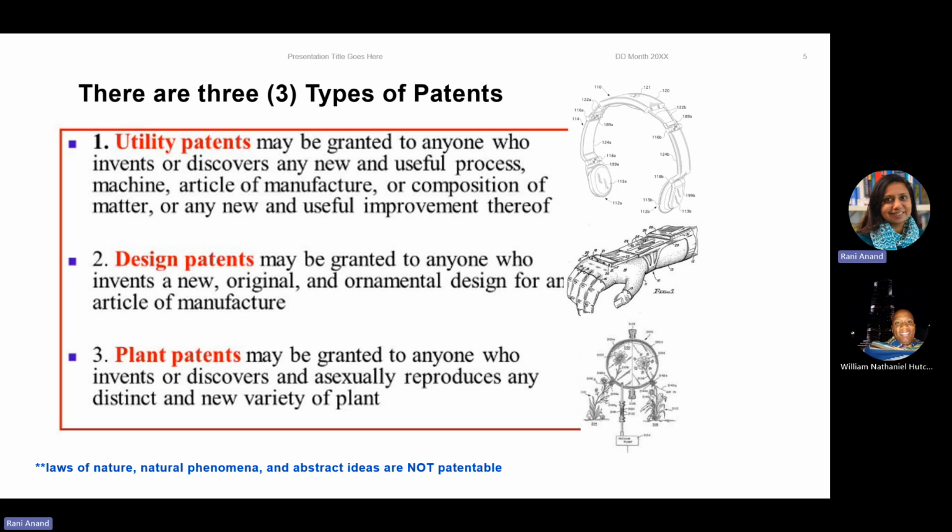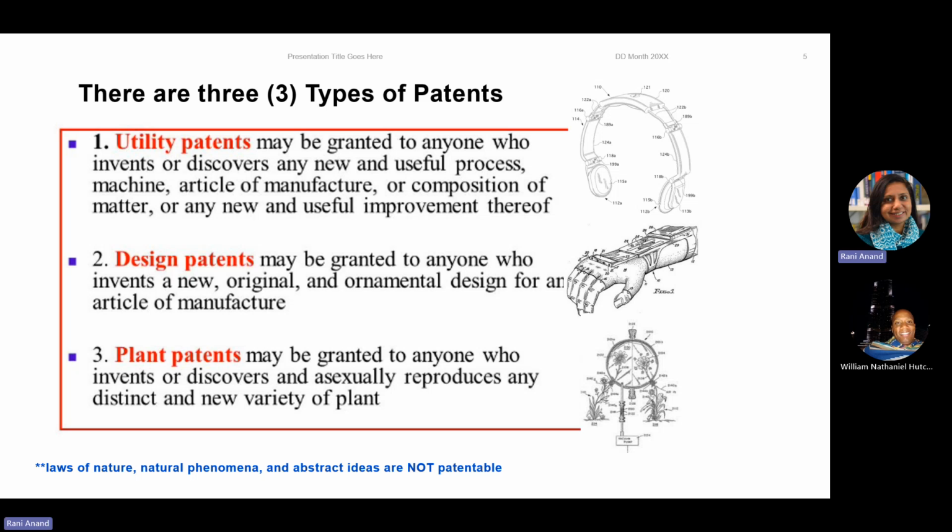They are granted to anyone who invents a new, original, and ornamental design for an article of manufacture, like the design of a chair, or a pouch used for a handicapped person. So this is the design.